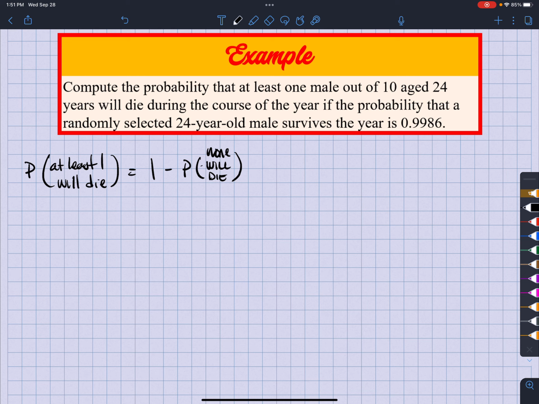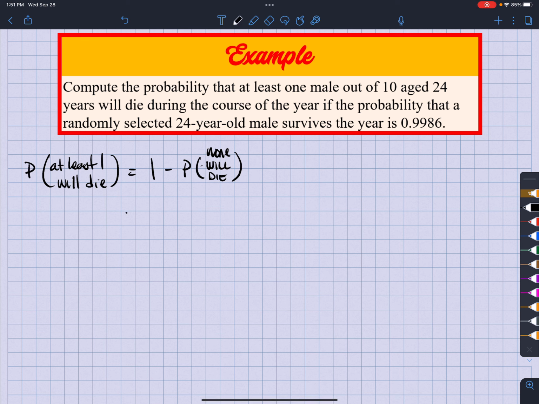This is the bigger piece, how to write that out. For a 24-year-old to survive, it is 0.9986, which is the same thing as not dying.